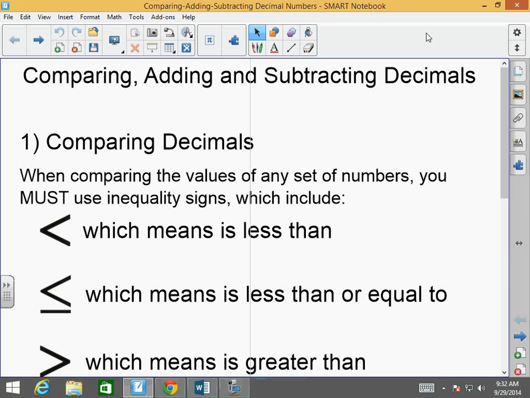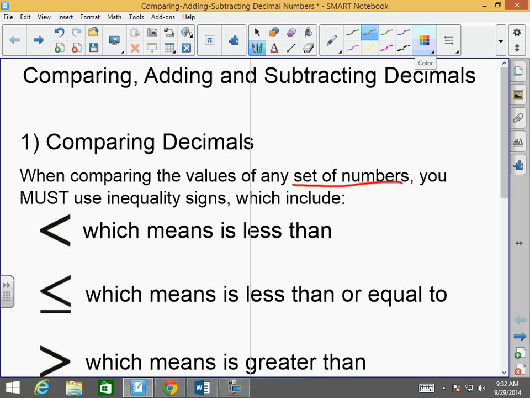When comparing the values of any set of numbers, whole numbers, rationals, integers, natural numbers, any set of numbers, you must use inequality signs.